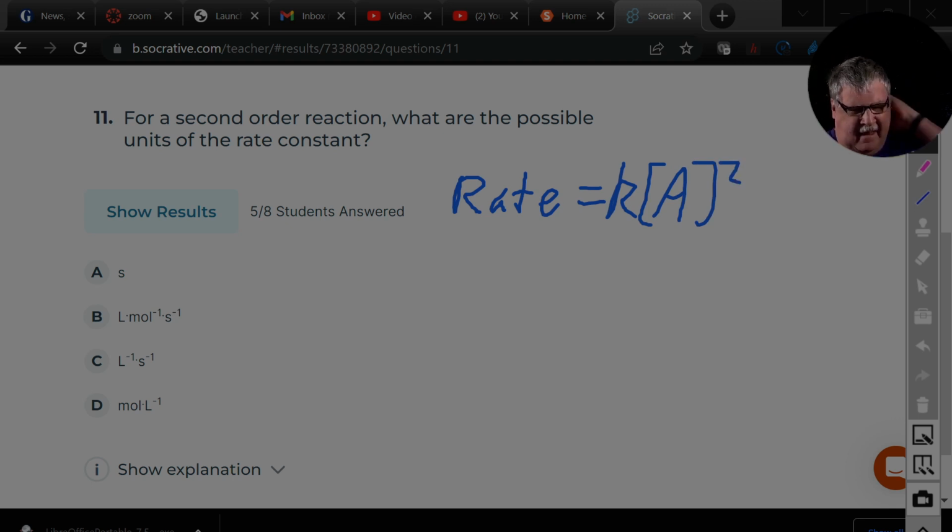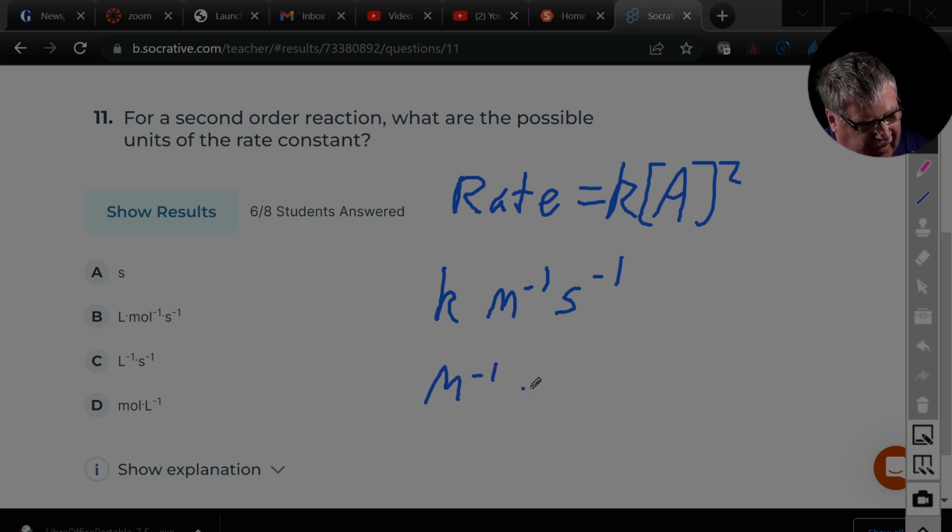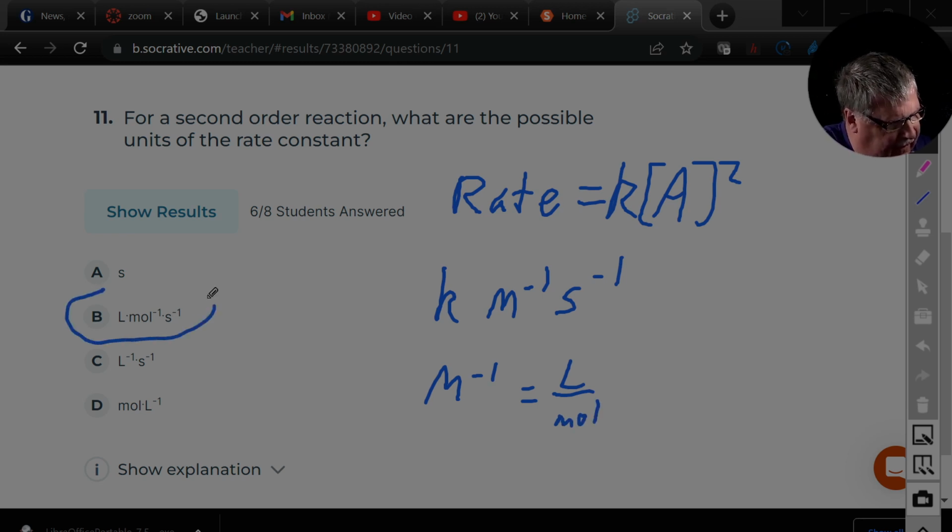And if your rate is in units of molar per second, then the units of k are going to be reciprocal molar, reciprocal second. Now, that particular unit isn't there, but what's closest to it? Reciprocal molar, you could write like this, liters per mole. And so that fits this one here.